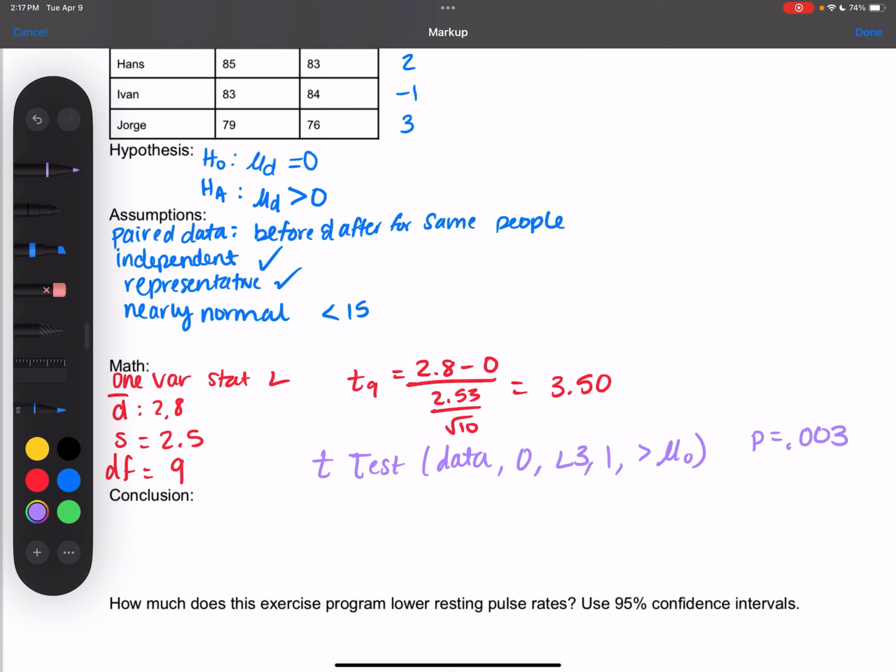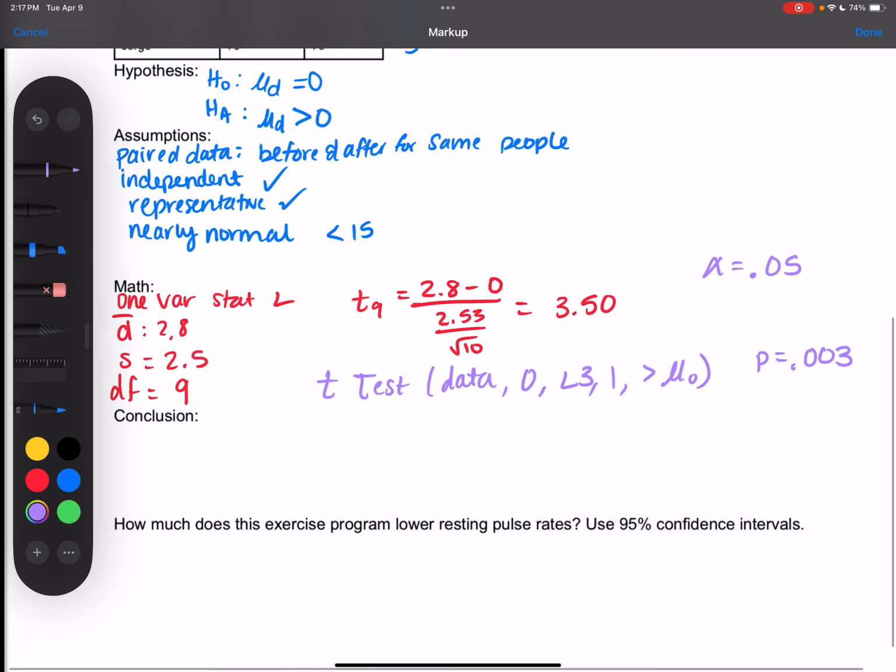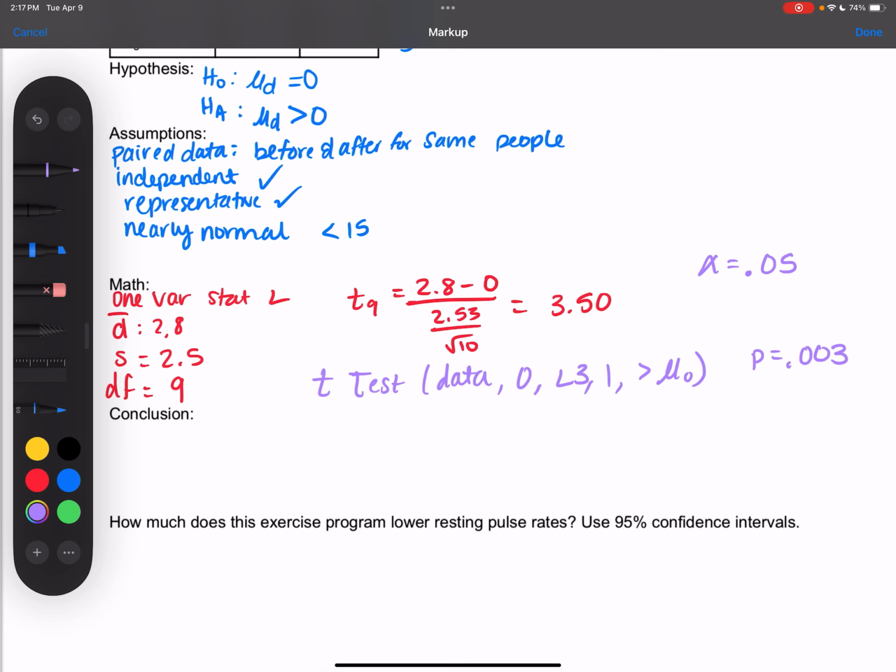Now, what is our alpha? If it doesn't specify, what do we say that it would be? 0.05. So my conclusion would be what? My p-value of 0.003 is what?